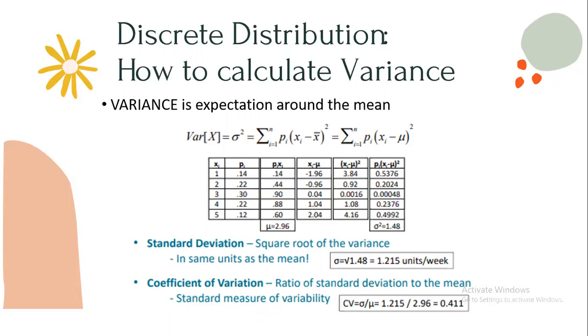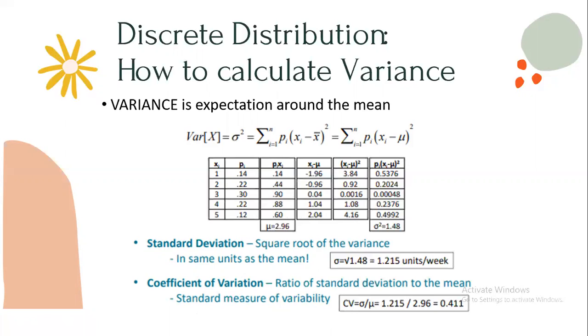Similarly, you're going to say 2 minus 2.96. Why am I saying that? Because again, it's x minus mu. Mu is here, and 2 minus 2.96 is minus 0.96, and so on and so forth. You solve all of these values, and then you take each value and square it. These are the values you get when you do that.